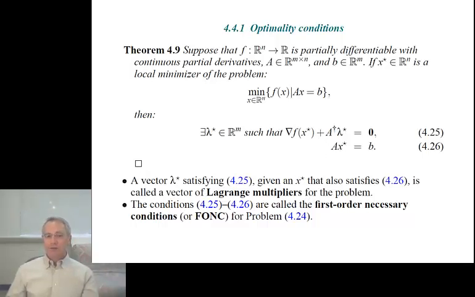The second condition is pretty obvious. If x star is a minimizer, it better be feasible, which is to say A x star is equal to b. The first line of the optimality conditions, 4.25, needs some more explanation. If we go back to the unconstrained conditions, the unconstrained condition would be that the gradient of f is equal to 0. But 4.25 doesn't say that. It says the gradient of f plus an offset term is equal to 0.